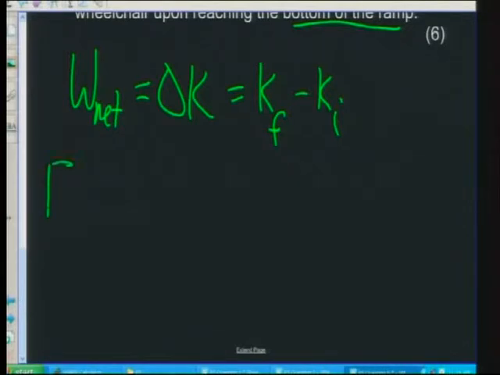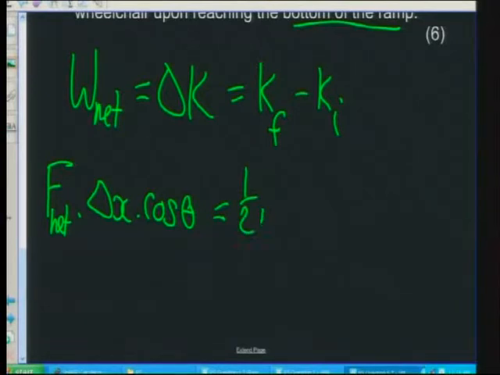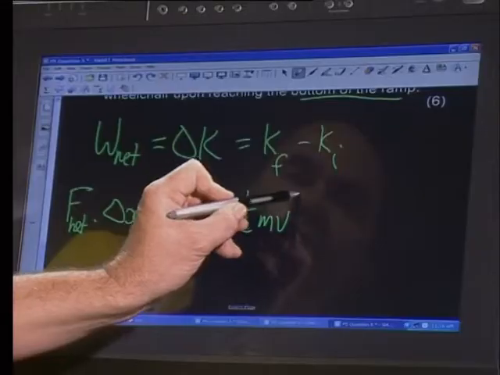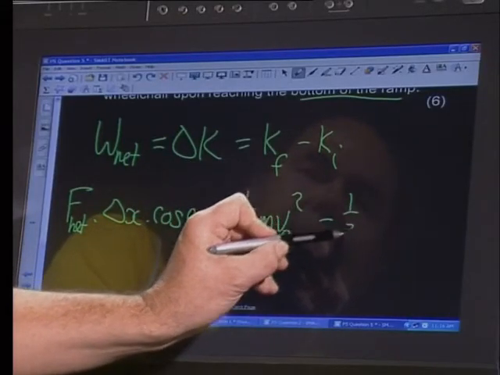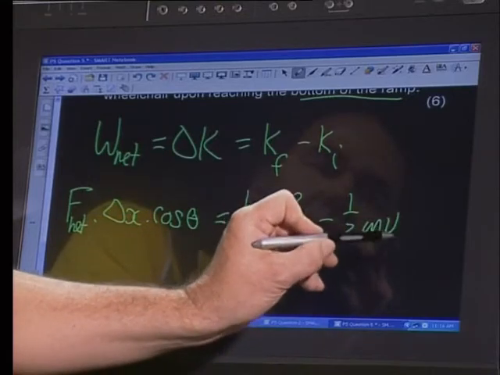Remember, we define net work as the net force times the delta x times cos theta. And we're going to say that is equal to the final kinetic energy, which is velocity final squared, minus the initial velocity squared.